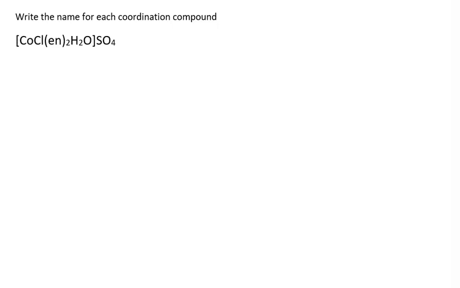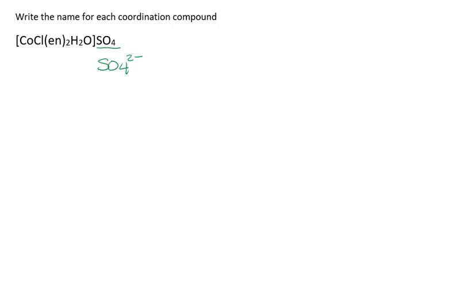So following the guidance earlier, we look for the counter ion outside of the brackets. So here's our counter ion, SO4. We will always know the charge of the counter ion because it will be something that is familiar to us. So our counter ion is SO4, and sulfate always has a -2 charge.